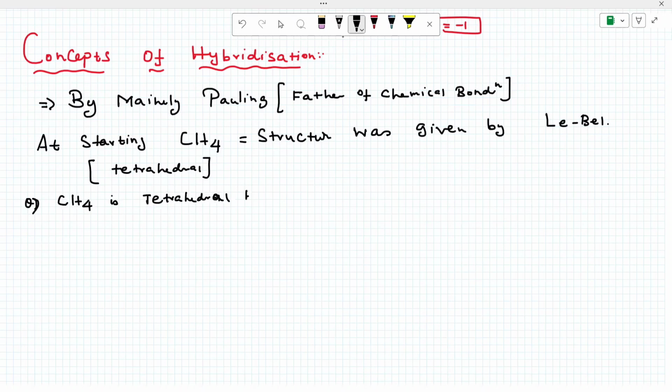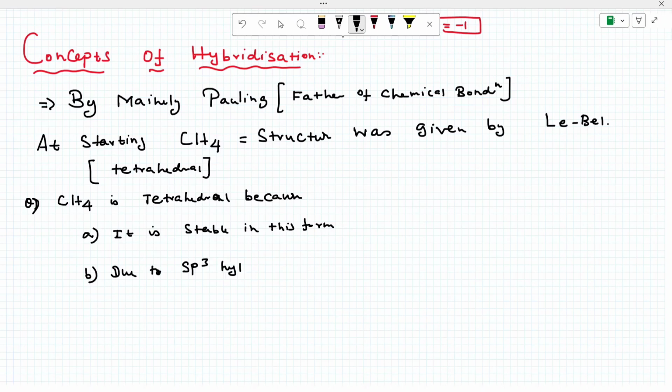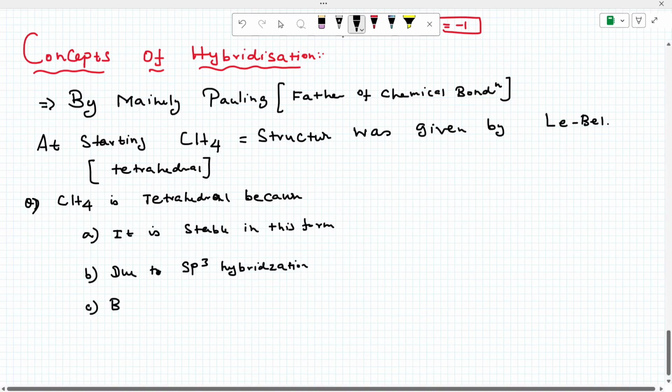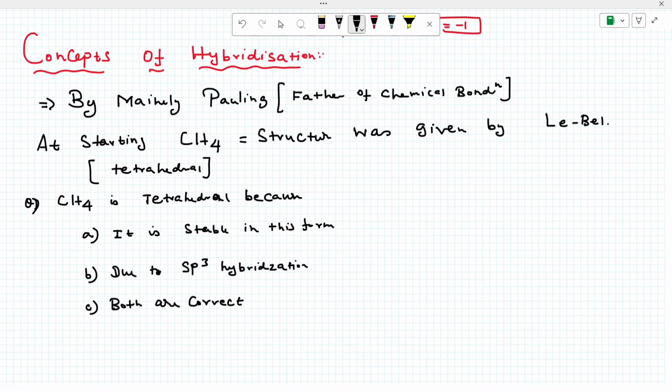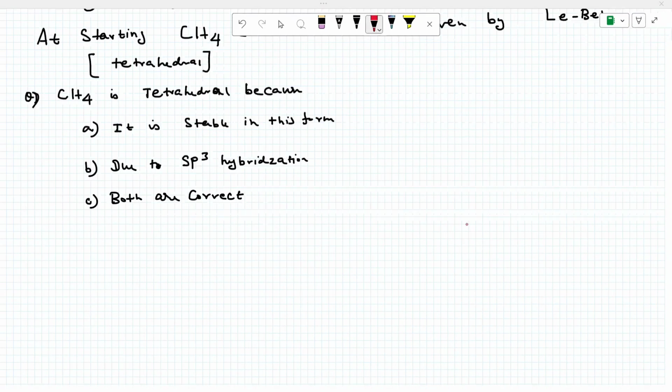Any reason? I give the options, you pick the answer. Option A: it is stable in this form.